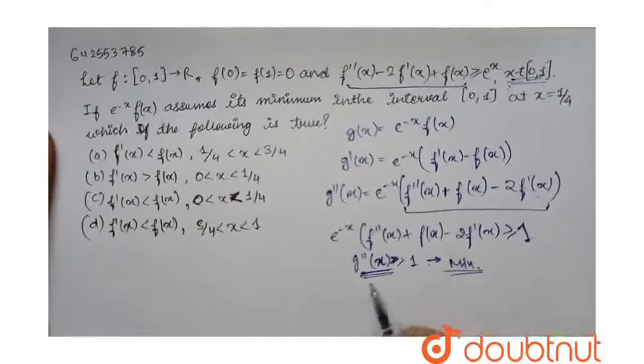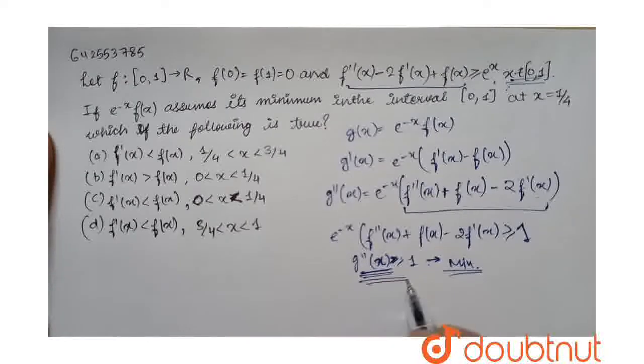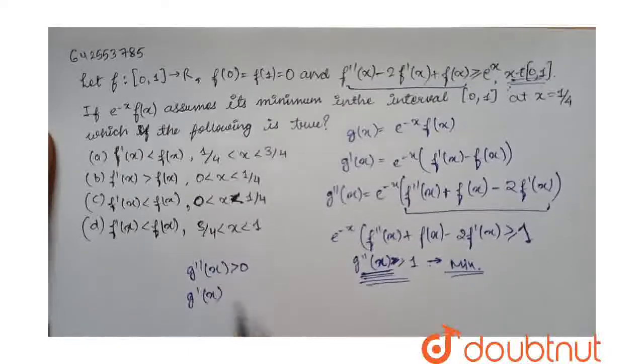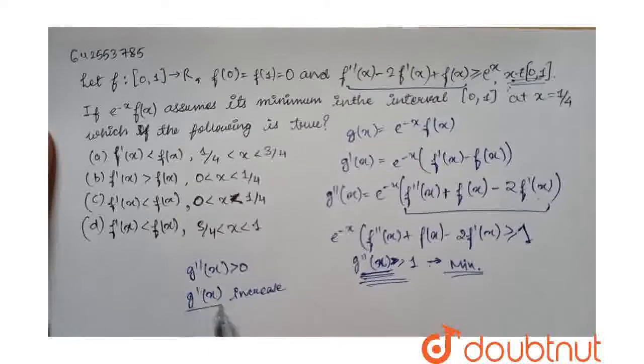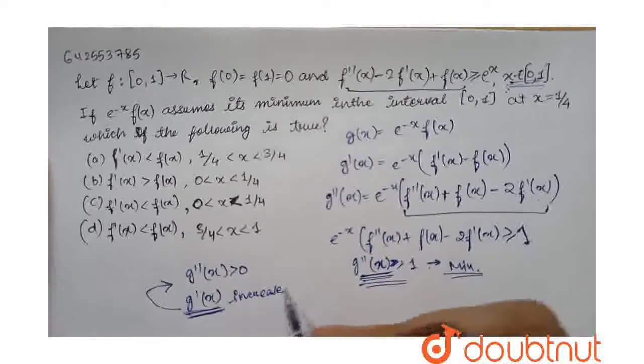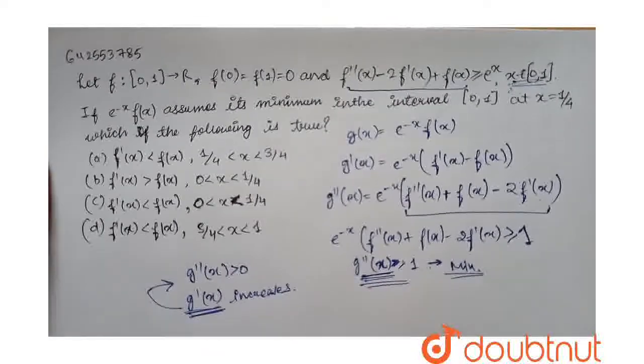Since we know that double derivative of g of x is greater than 0, we can say single derivative of g of x increases, as if the derivative of a function is positive, then the function increases. Here the function is the first derivative of g of x. Okay, so first derivative of g of x increases.